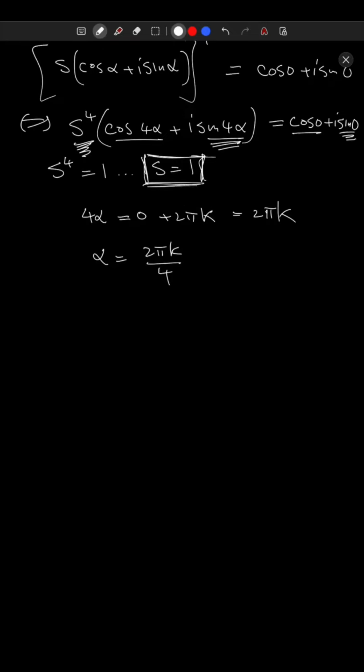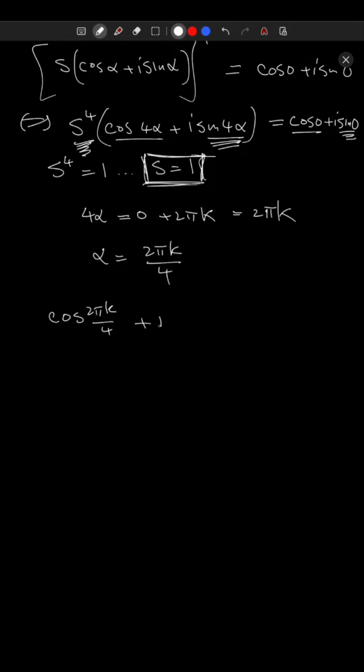So that tells me my solutions are going to look like s is equal to 1, cosine 2 pi k over 4 plus I sine 2 pi k over 4. And what is k? K can be 0, plus or minus 1, plus or minus 2, and so on.